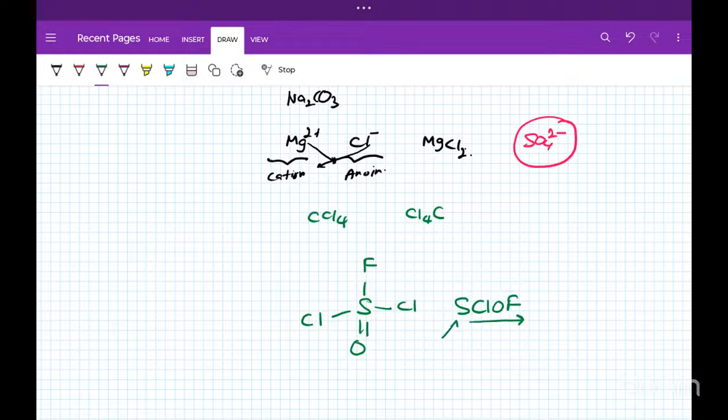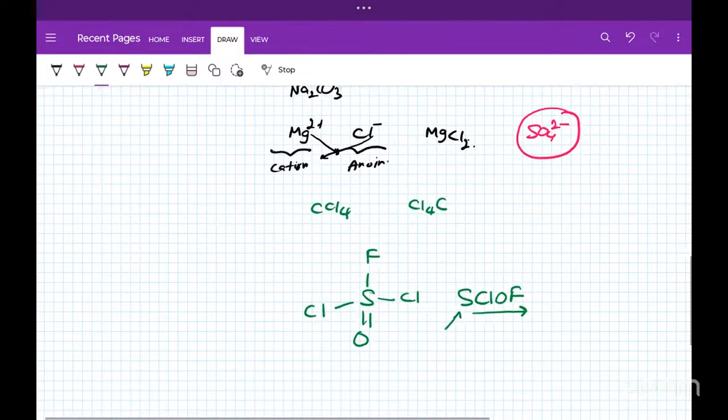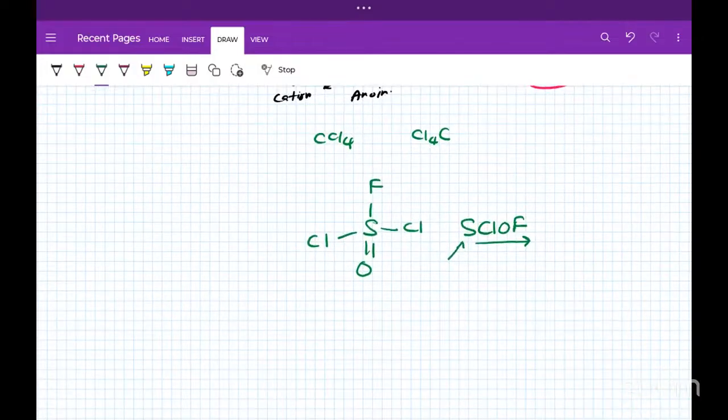After that, electronegativity increasing order. Right. But let's think there is something like this: S double bond O, double bond O, Cl and Cl. Right. This is written as SO2Cl2.